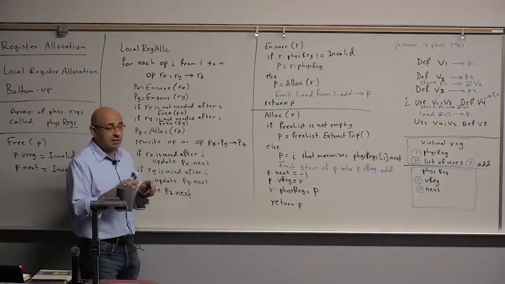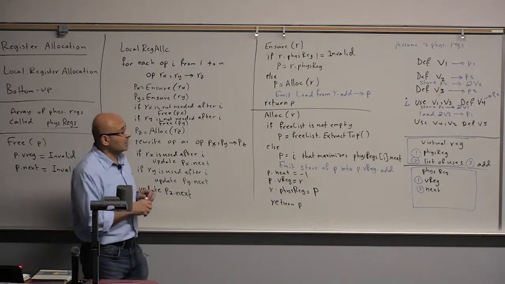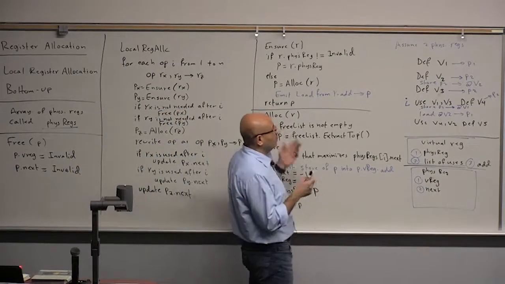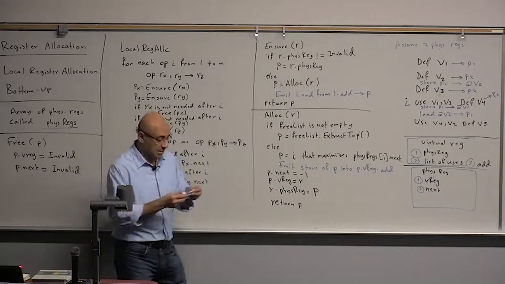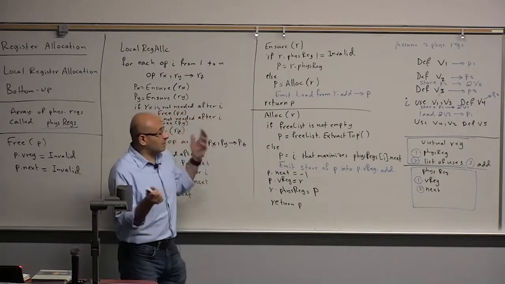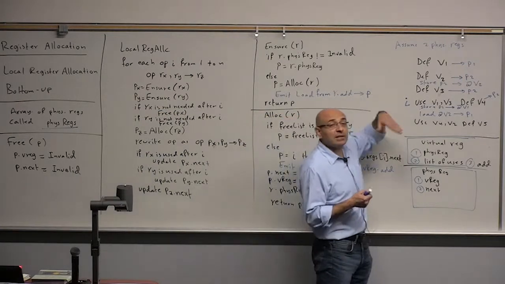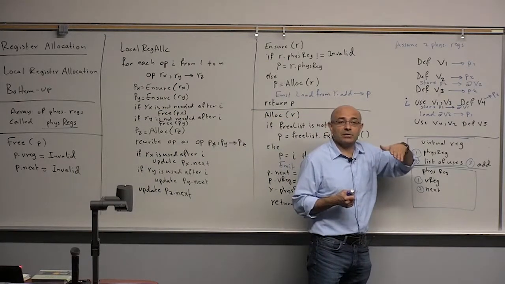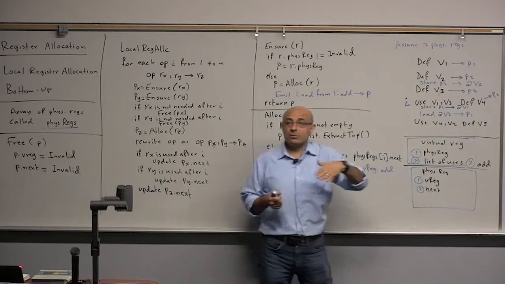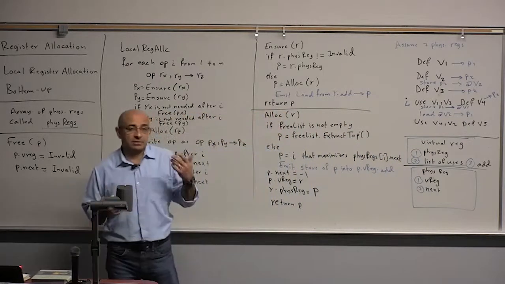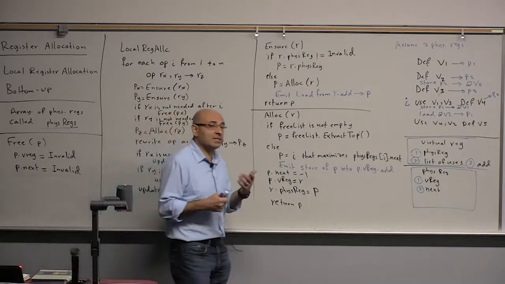So if you have a register that did not get modified since it got loaded, which means it's clean, right? Or since it got defined the last time, if it did not get modified since the last load, that's a clean register, which means that you will not have to store it in memory. So you will not need a store.